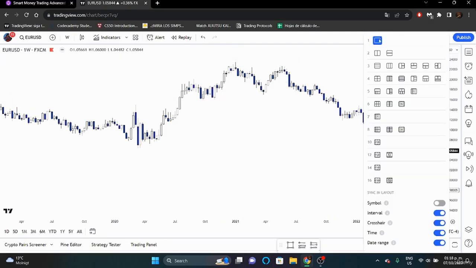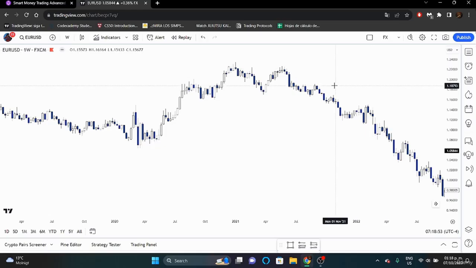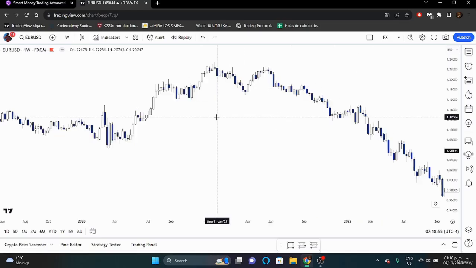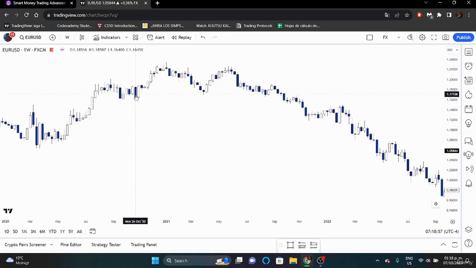formation. First, let's define what's a swing low and what's a swing high, okay? A swing low is one candle that has a lower low and two higher lows to its right, okay? So this is higher low, lower low, because we can see the candle is over here, and higher low, okay?